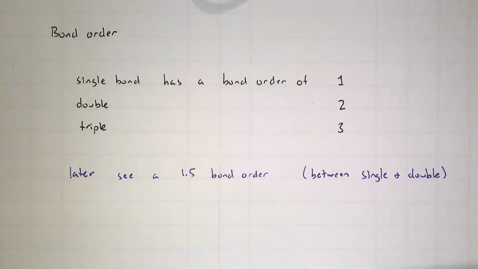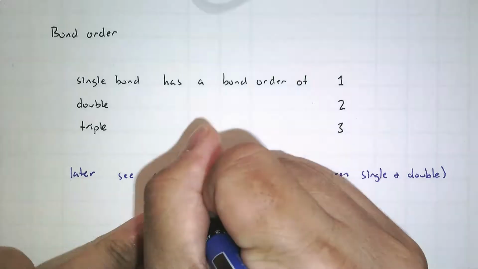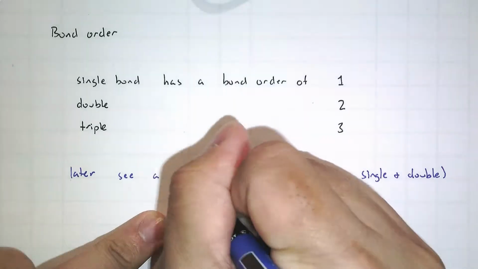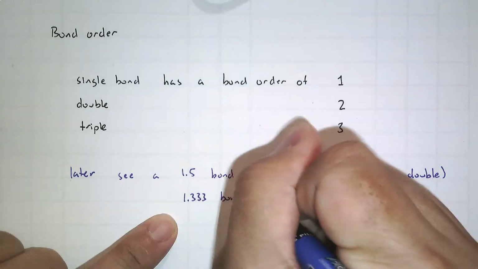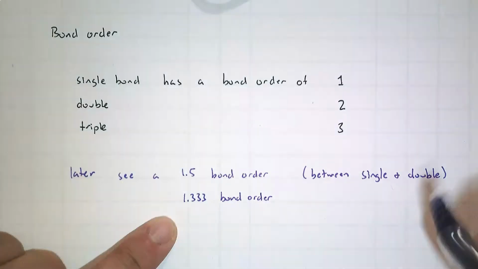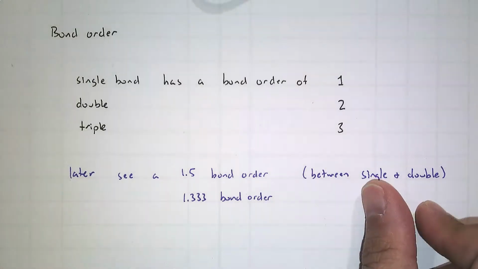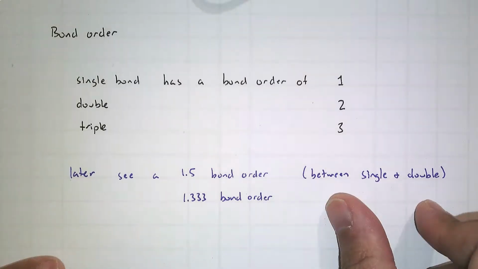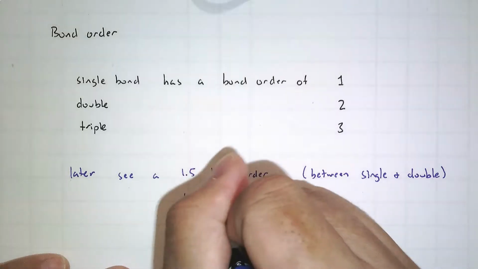And those do exist. We even have examples of a 1.333 bond order. That's 1 1/3. Okay. So it's between a single and a double bond, but it's more leaning towards the single bond. There is such a thing as a 1.66 bond order.